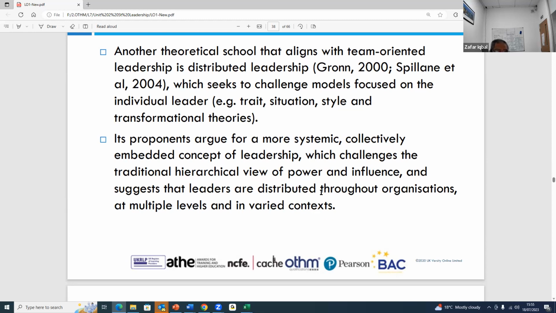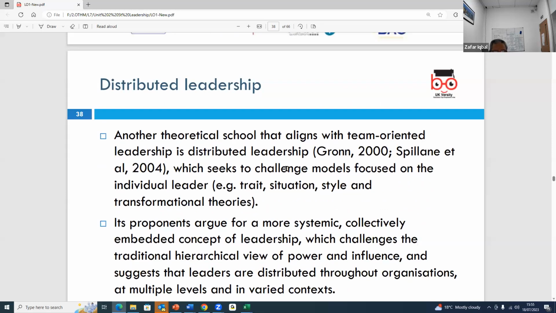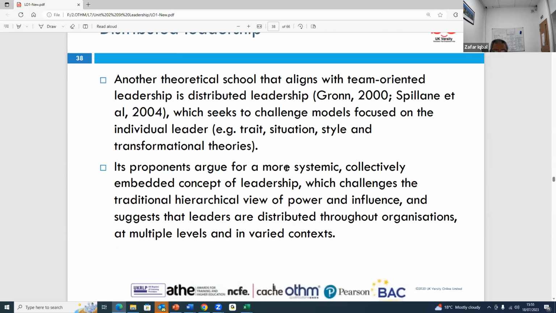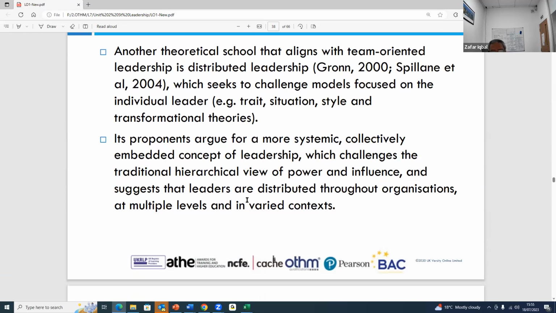There are different arguments for this type of distributed leadership. Okay, this leadership style looks at a traditional hierarchical view of power and influence, because throughout the organization there are multiple levels of leadership that exist.